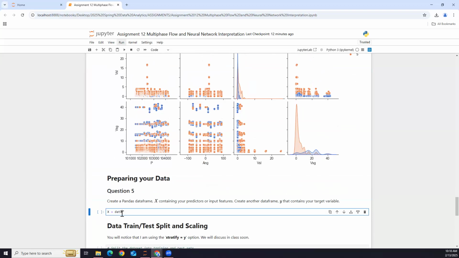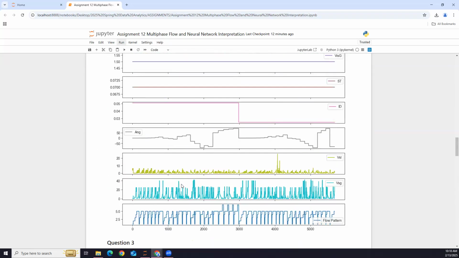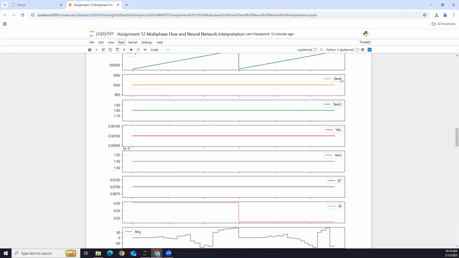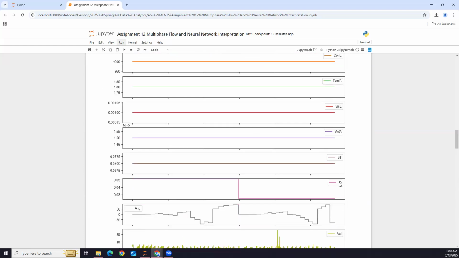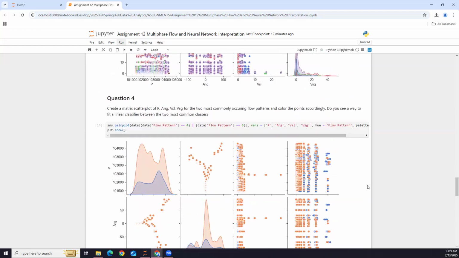It's going to be the pressure, and I'm just going to scroll up a little bit just so that I refresh my memory. We have the density of liquid, density of gas, viscosity of liquid, viscosity of gas, roughness, ID, VSL, superficial gas velocity. Okay.